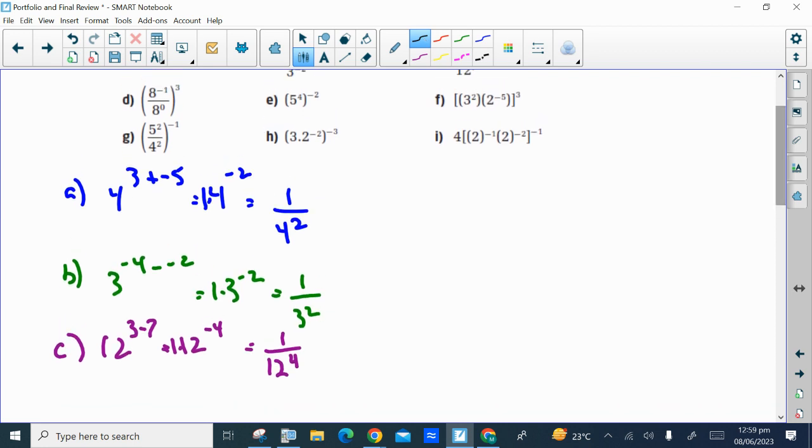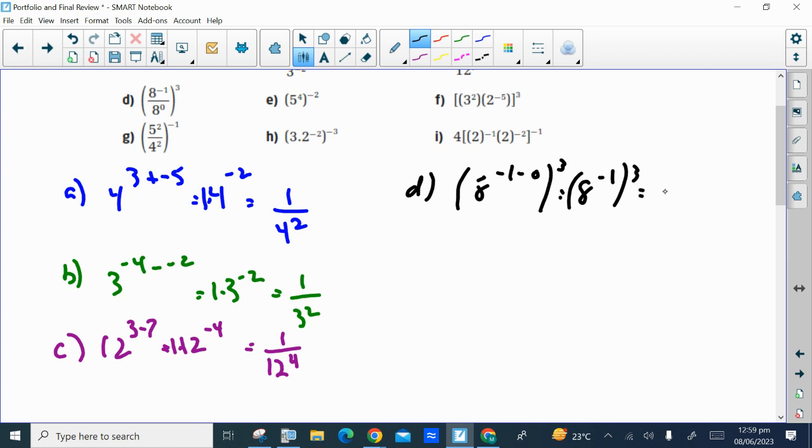Part D. I would do this in 2 steps. First, inside the bracket, you're dividing powers with the same base. The law says you subtract the exponents and keep the base the same. Negative 1 take away 0 is negative 1. That's raised to the power 3.